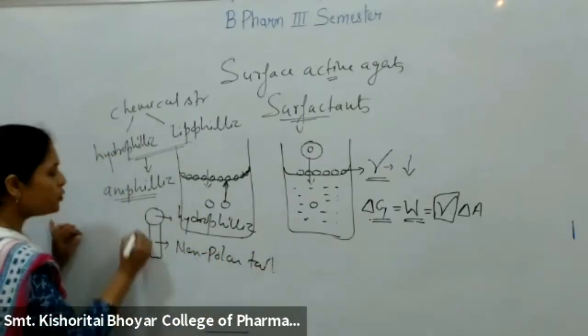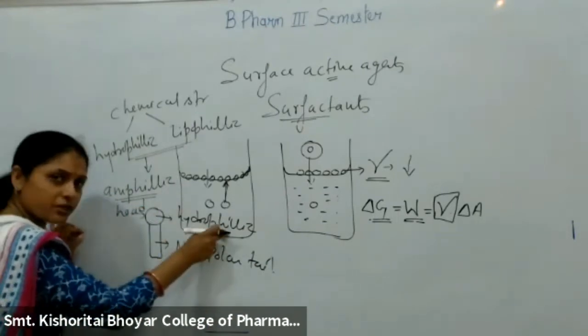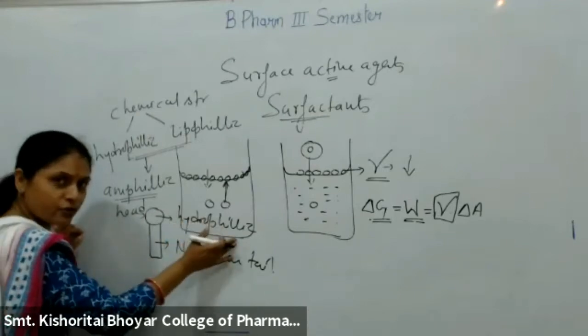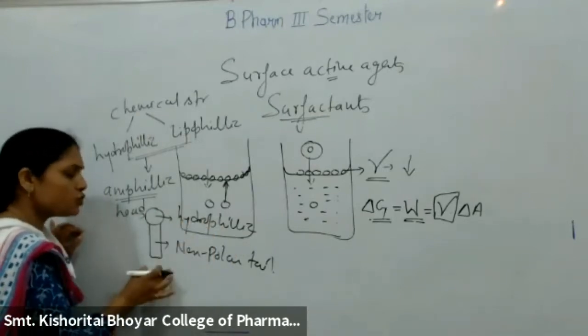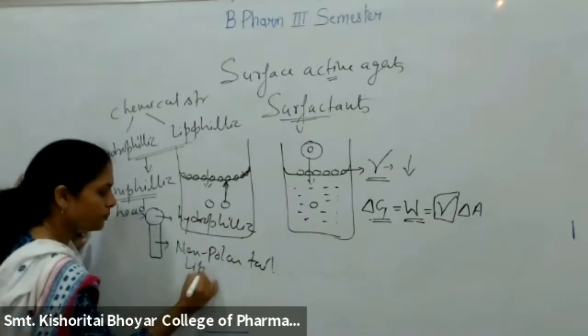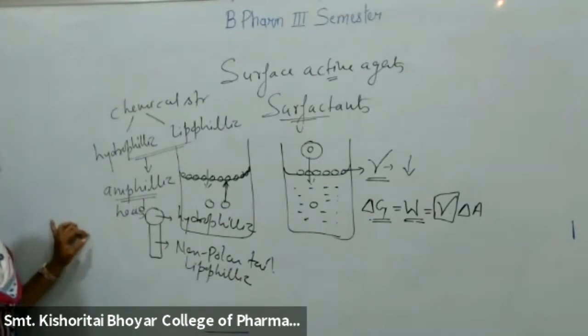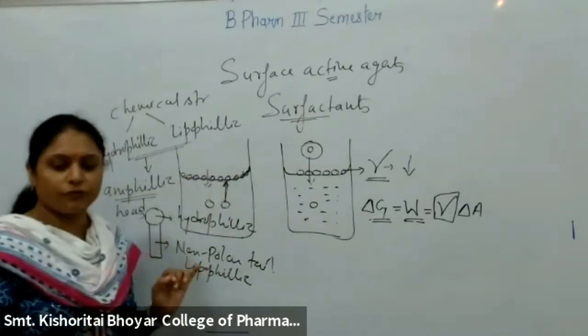This is the tail portion and this is the head portion. This is hydrophilic. It represents the polar portion, or the hydrophilic portion, and this portion is termed the non-polar portion, or the lipophilic portion.